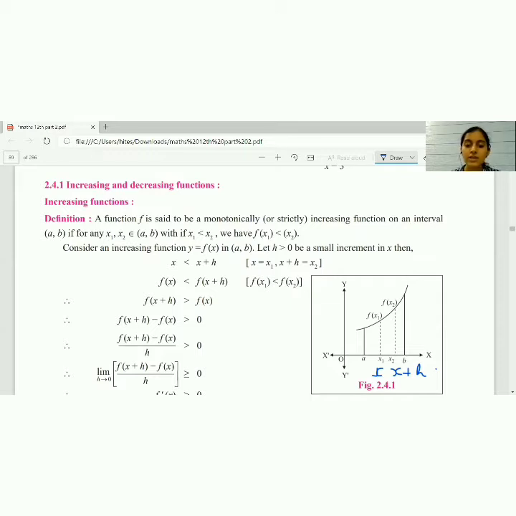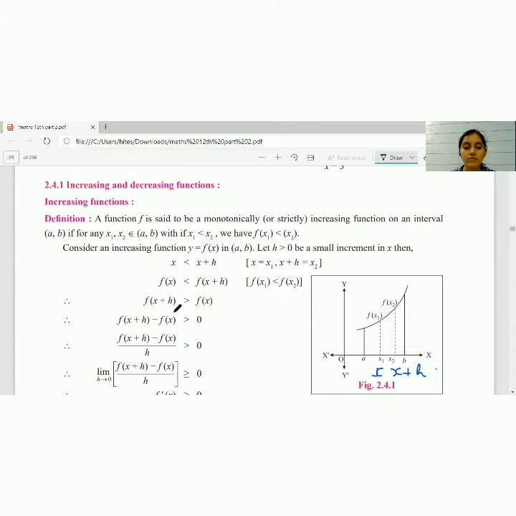Since y is an increasing function of x, it means the values of y are increasing this way. So f of x1 will be less than f of x2. What is x1? It is x, so f of x is less than f of x plus h. Therefore f of x plus h will always be greater than f of x.